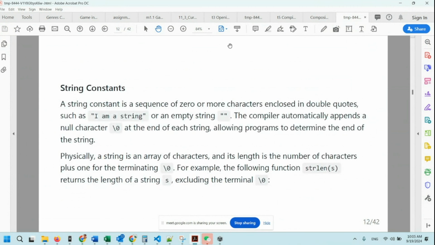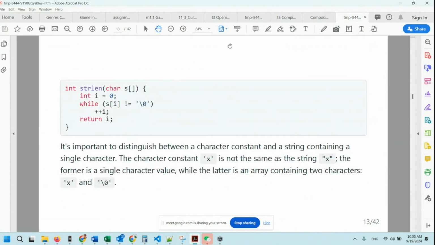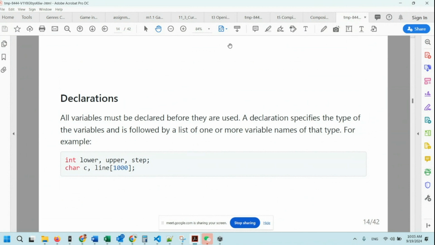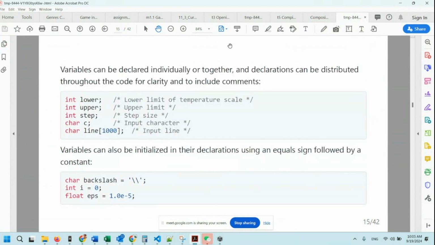We also talk about strings. A string always ends with the null terminator. So that means a single character is different from a string with only one character, right? Declaration.